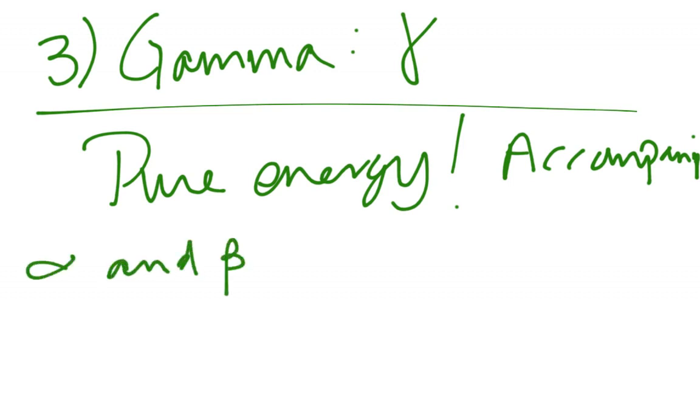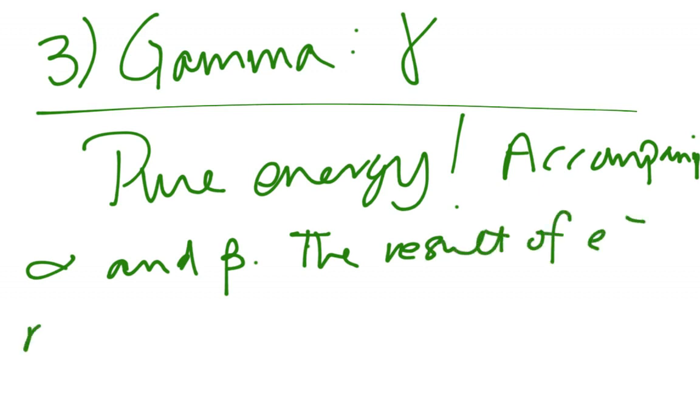If you have alpha radiation or beta radiation, you also have gamma, because it is the result of electrons rearranging from when the 2 protons and 2 neutrons leave in the alpha, or when the neutron changes in the beta. The electrons are going to change how they're orbiting, because of the different nucleus, and so you're going to get some gamma radiation.